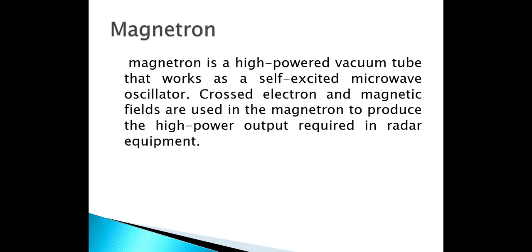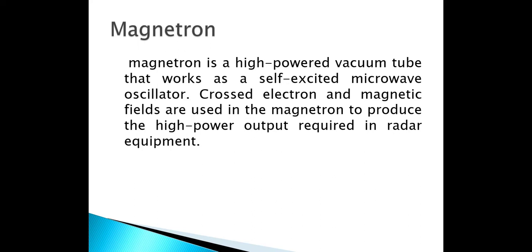The tubes, that is klystron, reflex klystron and TWT, are linear beam tubes, generally called O tubes or original type. The other type of microwave tubes are cross-field tubes, in which the electric and magnetic fields are perpendicular to each other.